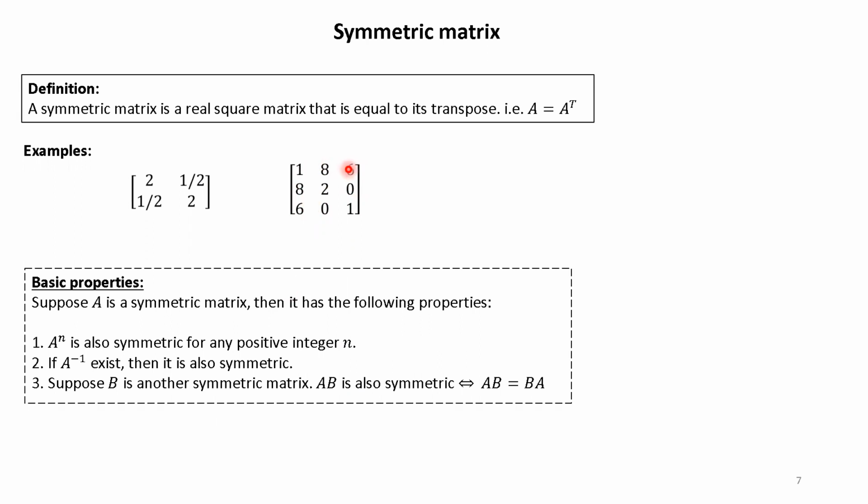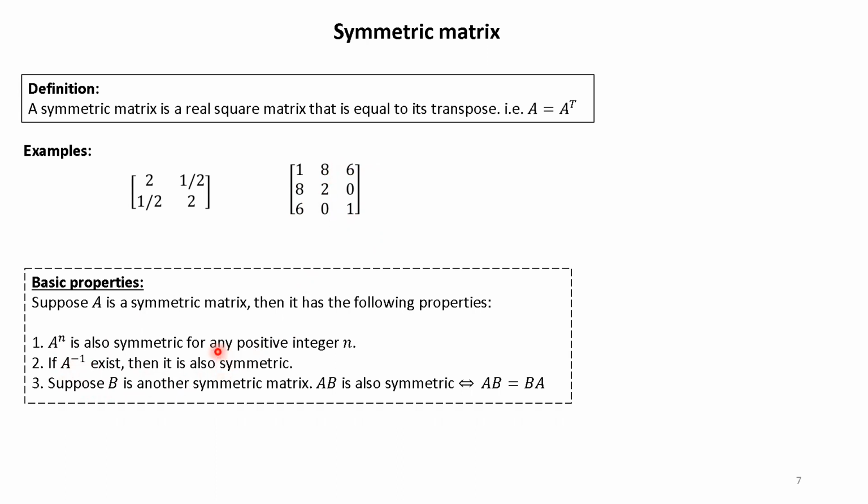It can be shown, and I'm not going to talk about the proof, that if I have this symmetric matrix and take the product of this matrix with itself again, so A to the n, that will still be a symmetric matrix. And if a symmetric matrix is invertible, its inverse also will be symmetric.